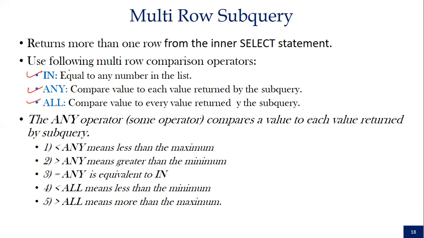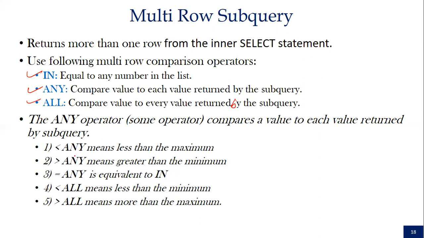IN means it will check whether it equals any number in the list. If yes, then you can return that row. ANY compares to each value, and ALL compares to every value returned by the subquery.